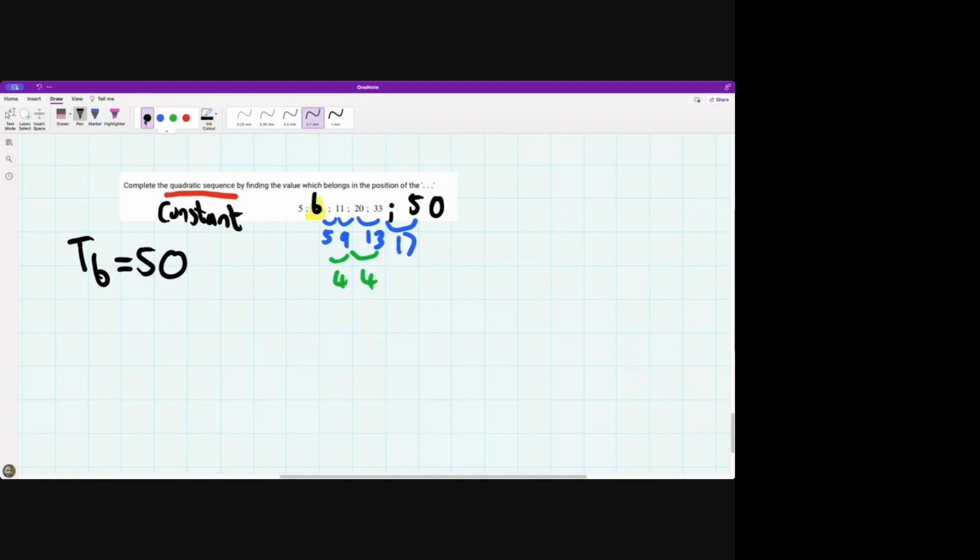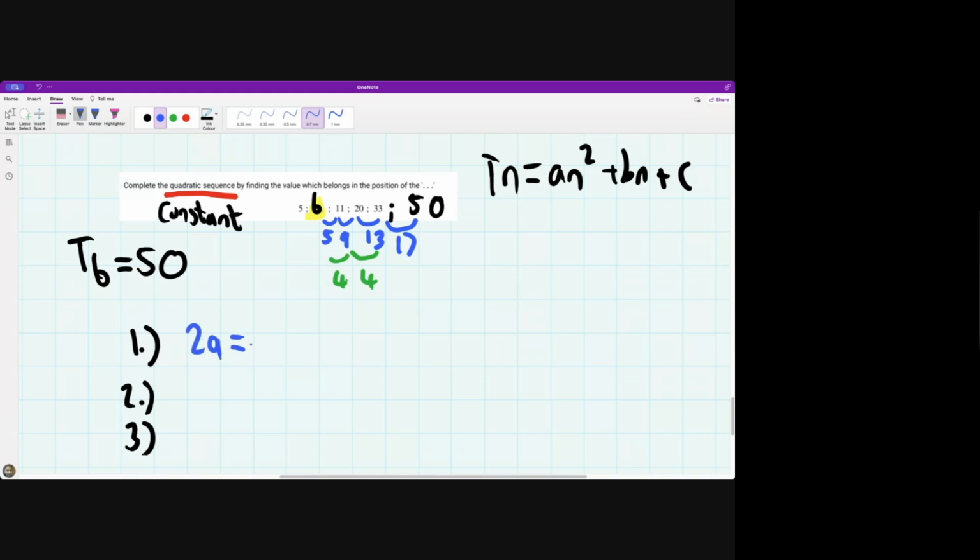Let's use the 3-step process to help us work out what the general term formula is. So the very first thing we do is we say 2a is equal to the second difference. What is the second difference for this number pattern?